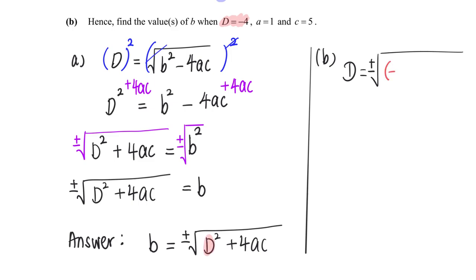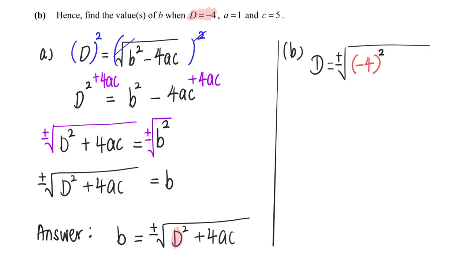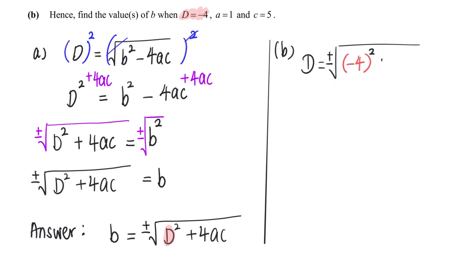So you will see Mr. Tan writing -4 with a bracket, squared, plus 4 times my A, so bracket 1. So there's my A. And my C, positive 5.